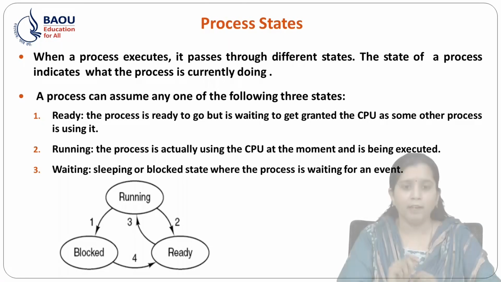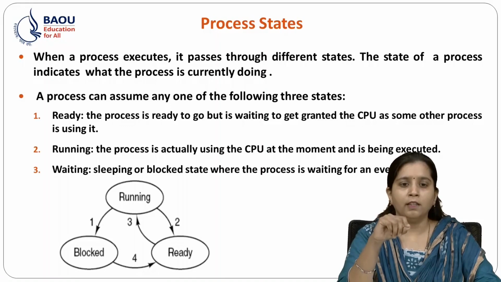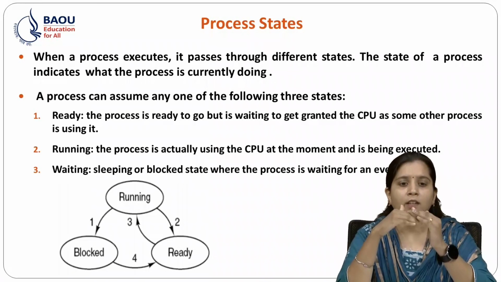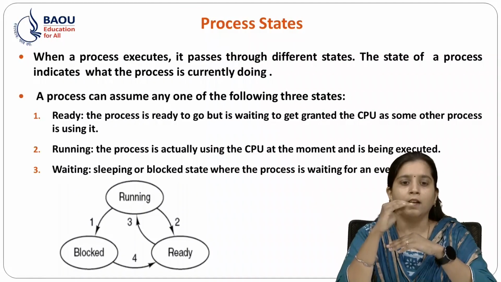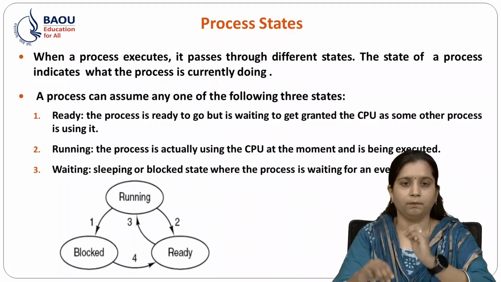The second arrow suggests that the scheduler is running another process. The third arrow indicates that it is processing the current state of the program. The fourth arrow indicates that currently the process is in the ready state.